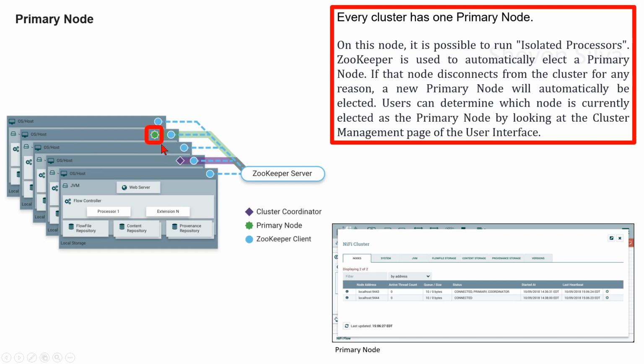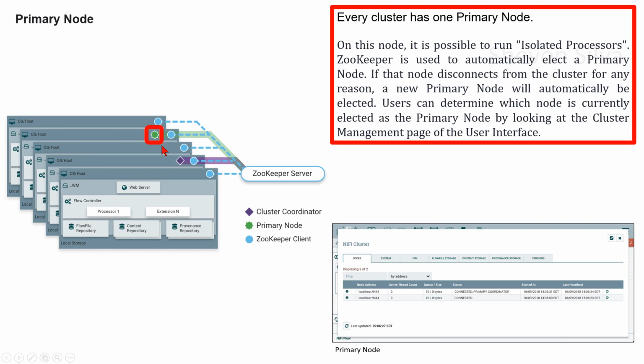Now we are focusing on the primary node. Every cluster has one primary node. On this node, it is possible to run isolated processes. Zookeeper is used to automatically elect a primary node. If that node disconnects from the cluster for any reason, a new primary node will automatically be elected.